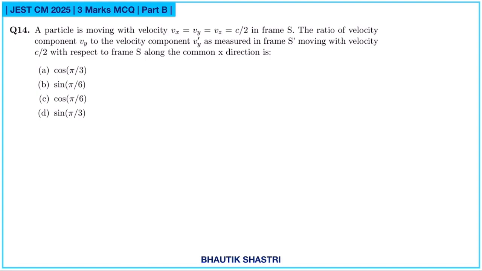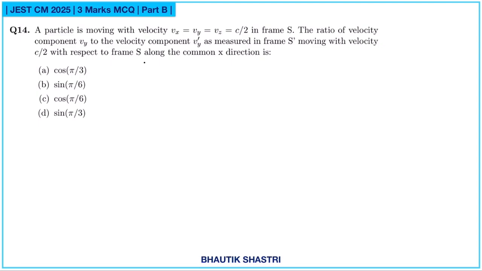Next question. A particle is moving with velocity Vx is equal to Vy is equal to Vz is equal to c by 2 in frame S. The ratio of the velocity component Vy to the velocity component Vy dash as measured in frame S dash, moving with velocity c by 2 with respect to frame S along the common x direction, is?